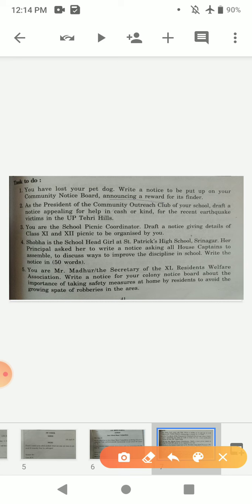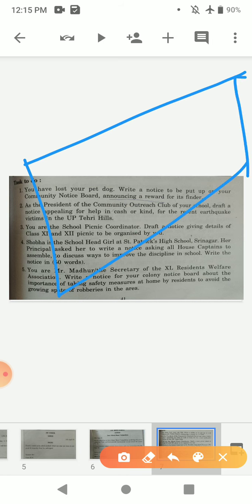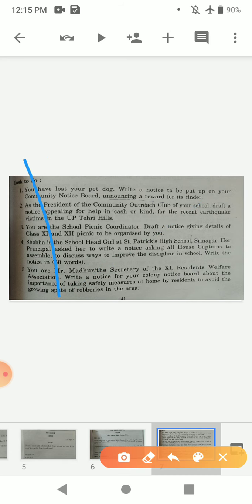in your notice. So you will just draw a rectangle box, and then you can write notice in bold letters in the middle at the top, and then you can write the name of your community, and then you can write pet dog missing or dog missing. And then you will be giving a description of your dog, what the dog wears or its color.